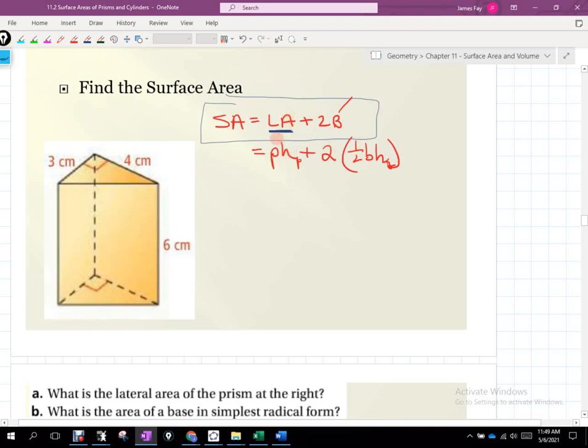That lateral area, depending on what my base is, P might be found by the perimeter of a triangle, it might be the perimeter of a rectangle, it might be the perimeter of a hexagon, whatever.